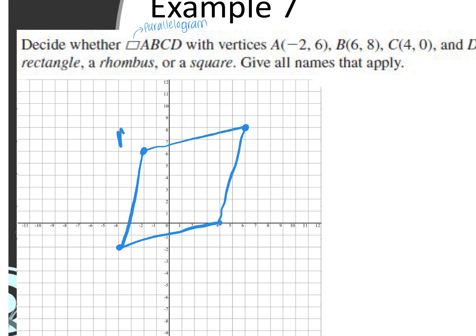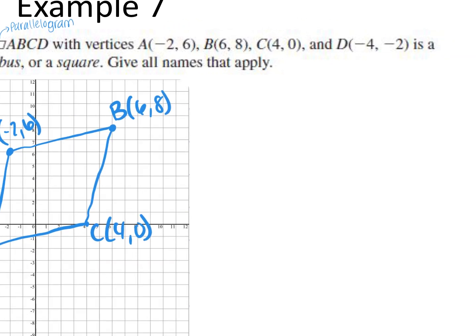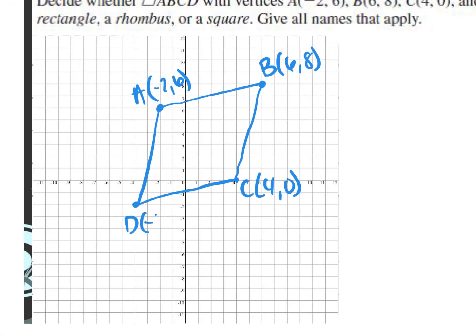This was A, which was (-2, 6). B, which was (6, 8). C, which was (4, 0). And then D, which was (-4, -2). Okay.